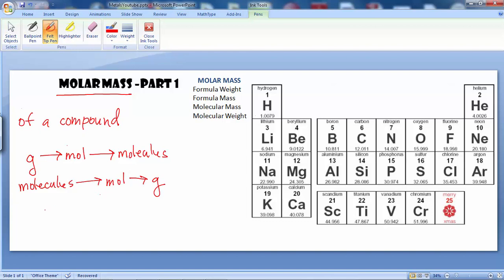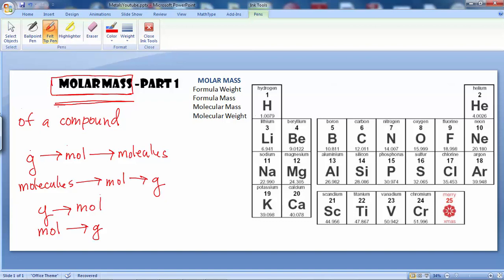Okay, and we can also go from what? Grams to moles, and we can go from what? Moles to grams. But the first thing that we must do is know how to calculate the molar mass. We must know how to calculate the molar mass.